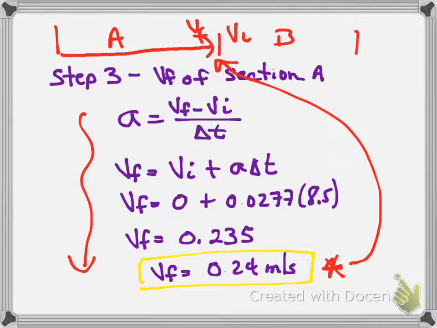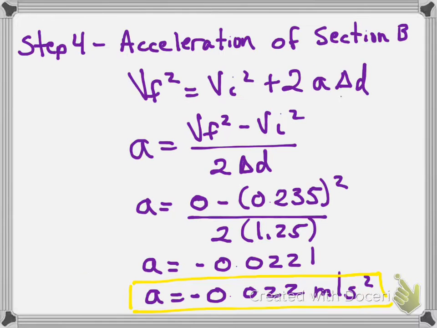Right at that moment, we can switch over to section B. We can use the same number for section B, but we're going to call it VI of B.